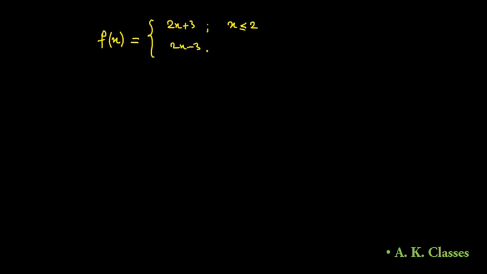Right hand limit equals limit of x tends to minus 3 positive. For minus 3 positive, f(x) will be, in this case, negative twice x. Now tell me, what will I write?